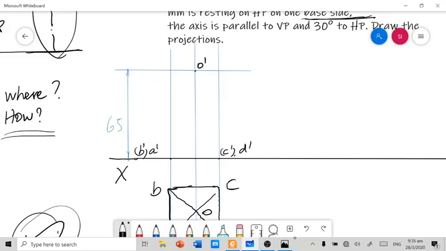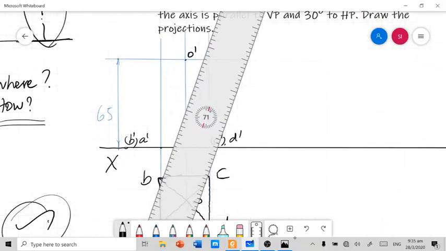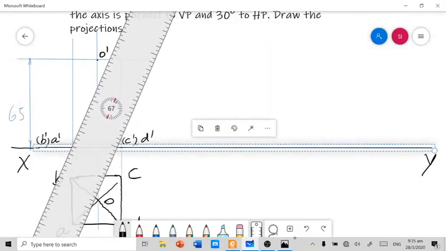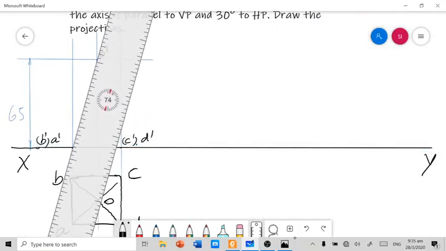This is O dash, and you need to join the base corners and the apex point.